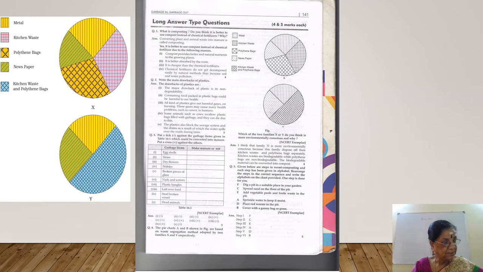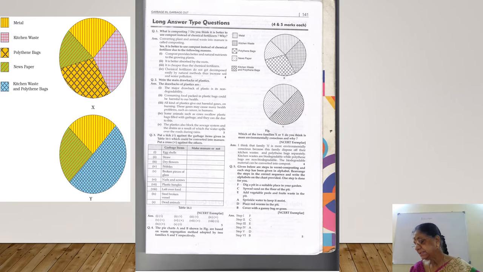Now listen. The given pie chart question: the given pie charts A and B, observe them, and they are based on their generation of waste. So I read the question.